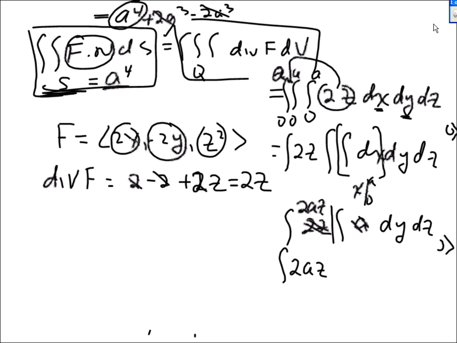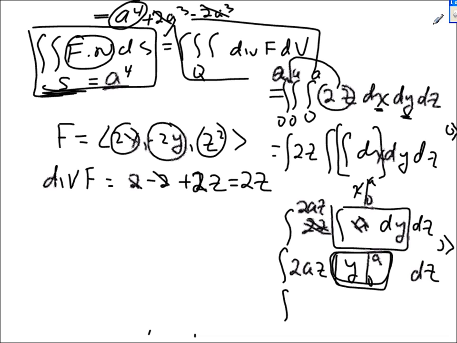2az. This integral is y from 0 to a, dz. But this in here is just a, times this constant, 2a squared z, dz. Now this is just a constant.